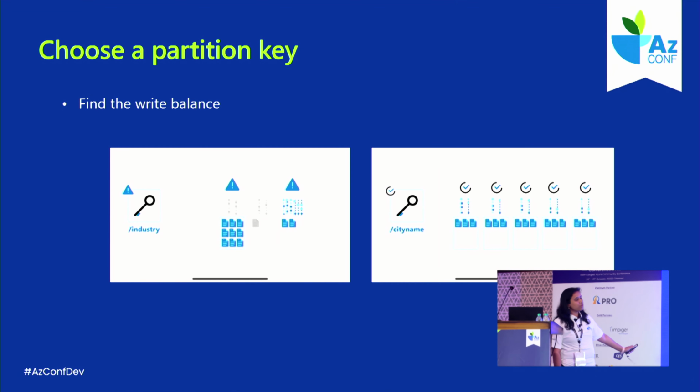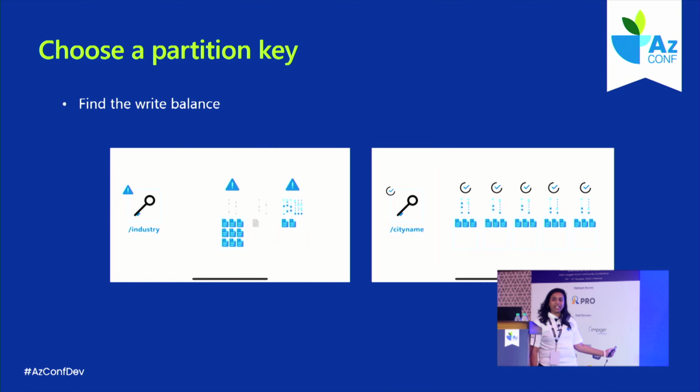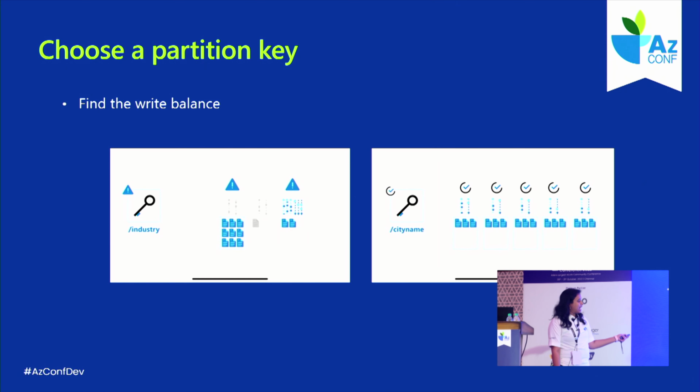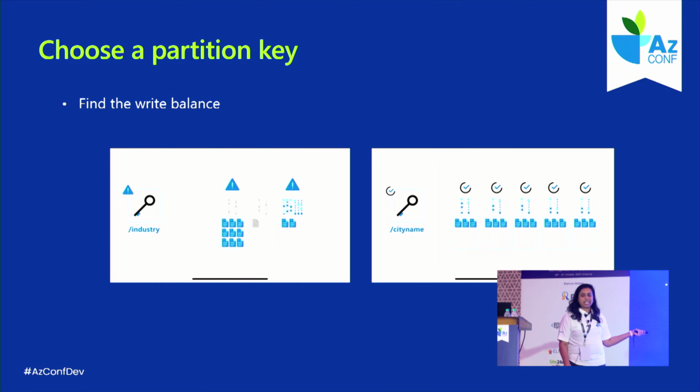So how to choose a partition key? The first key factor is you have to find the right balance. For example, we have data which has an industry, city name and some more details.